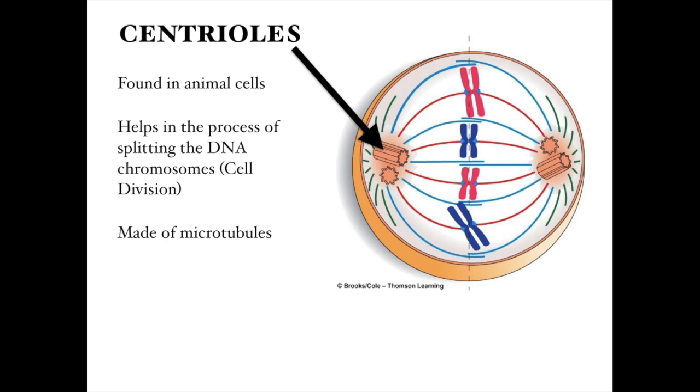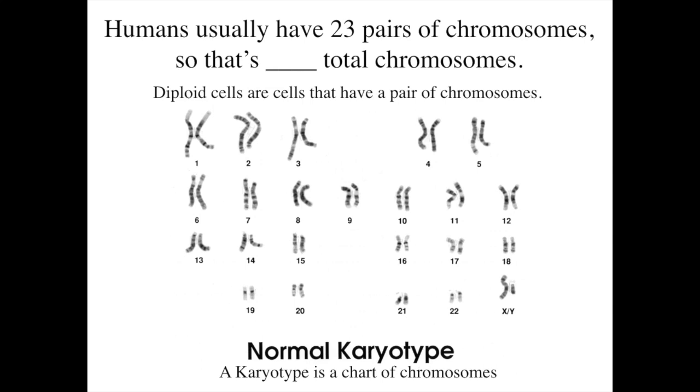You can see they're on the poles, kind of like a North Pole and South Pole or East and West. They're going to pull these little strings, these little ropes, and that will rip apart the chromosomes. Centrioles are found in animal cells, and these are the shorter microtubules.